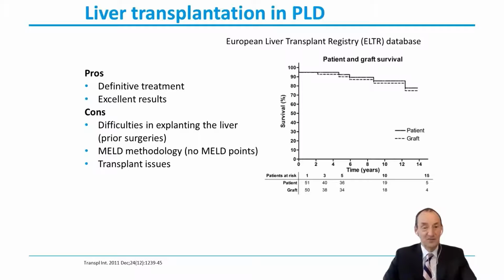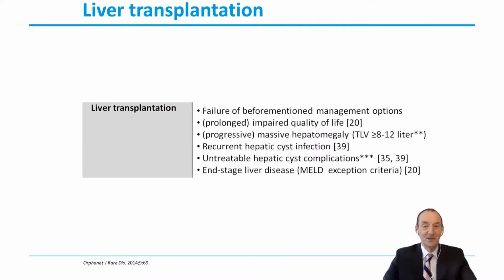There are some disadvantages. First of all, there can be difficulties in explanting the liver. You find that these patients are in competition with patients who accrue MELD points, and they fall out of the MELD methodology. And of course, there can be transplant issues, in particular explanting the polycystic liver.